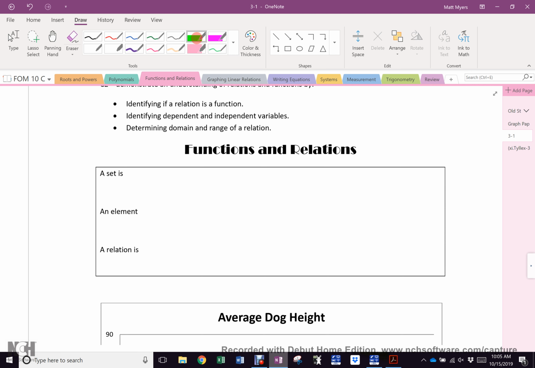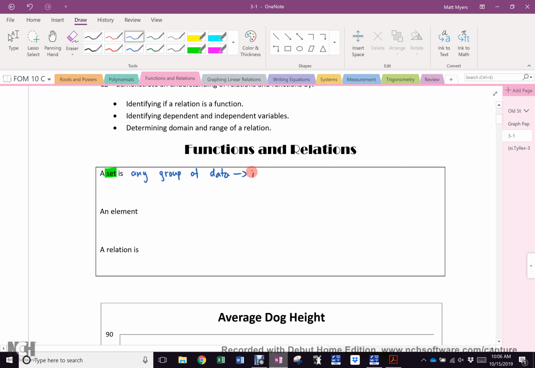The first new word is set. Is your first word set? Yes. Okay. A set is any group of data.